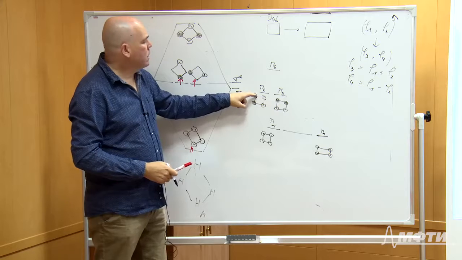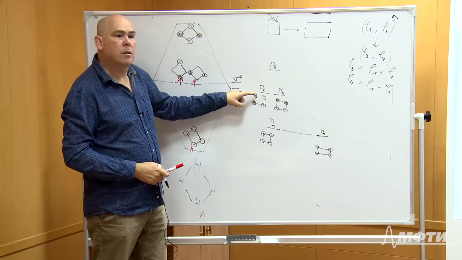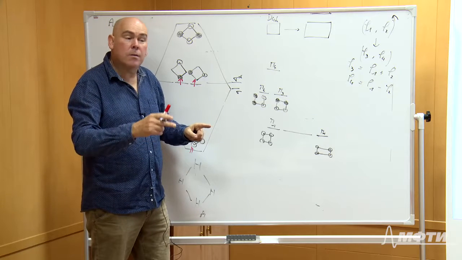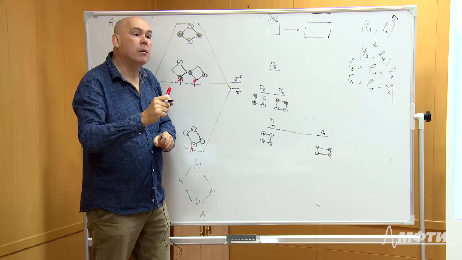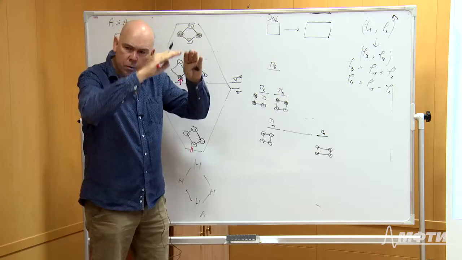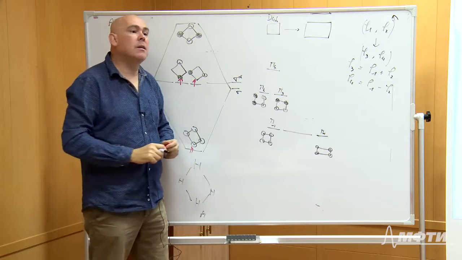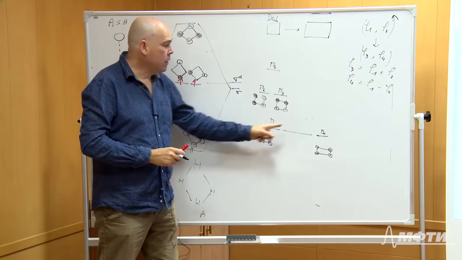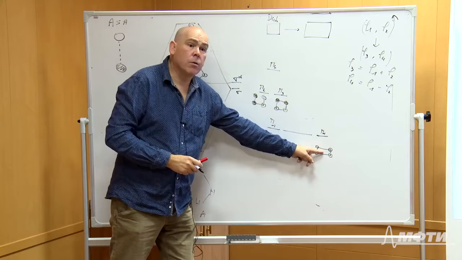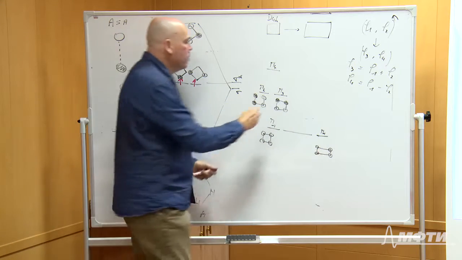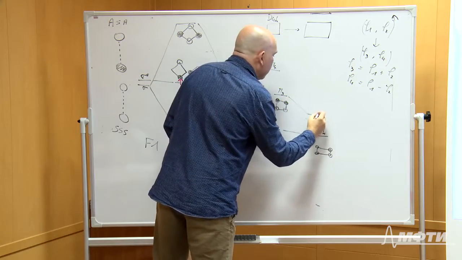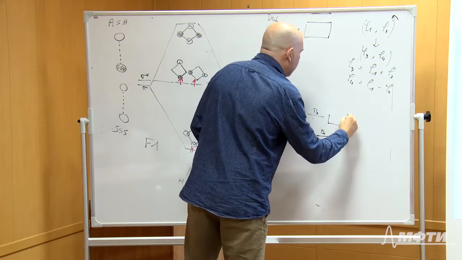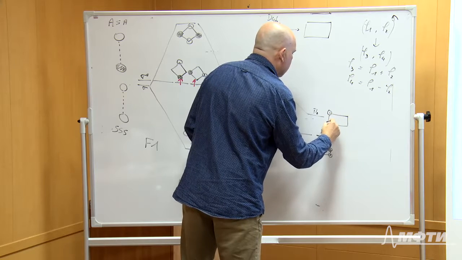So if you increase the distance between these two carbon atoms, you will decrease the negative overlap. Right? So you will also stabilize the orbital when you go from a square to a rectangle. So pi 2 is going to be stabilized here, pi 2. So I can draw it like this.